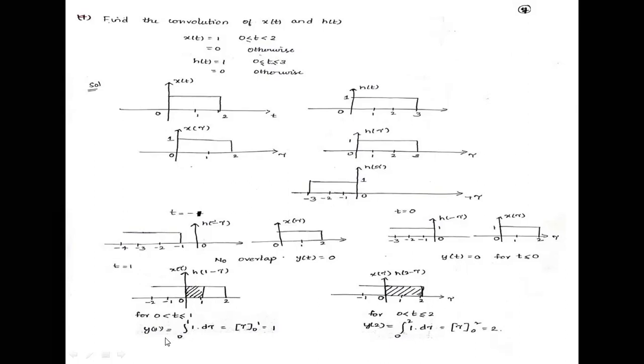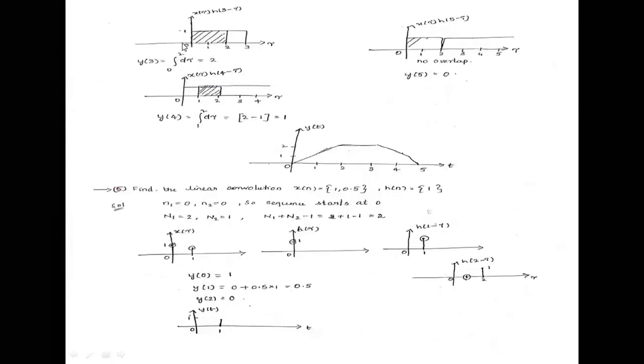At t equal to 1, 0 to 1. At t equal to 2, 0 to 2. At t equal to 3, 0 to 2. At t equal to 4, 1 to 2, and so on. Why is it 1? There is an overlapping here itself.